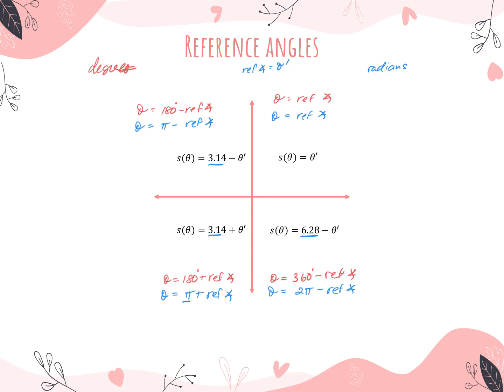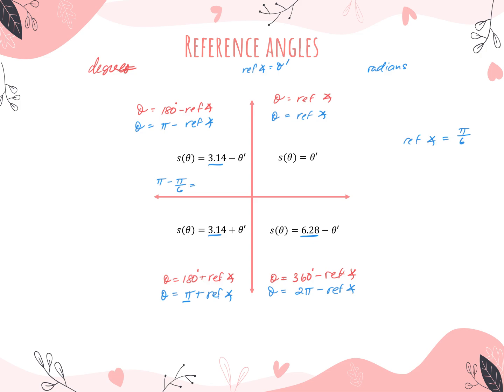So for example, if I know that my reference angle is 30 degrees, which is equivalent to pi over 6, and I want to know what is that angle in each quadrant, I know that in this quadrant it's going to be pi minus pi over 6.